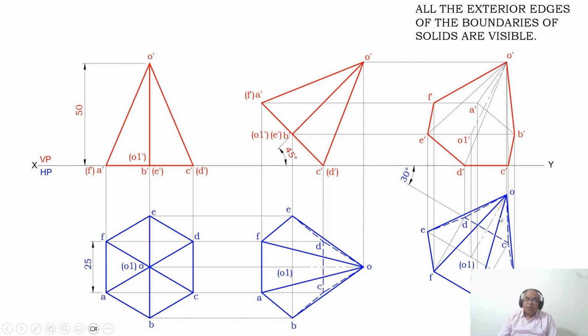Then with O1 as center, by using the protractor, you measure an angle of 90 degrees and draw a perpendicular to the O1 line.